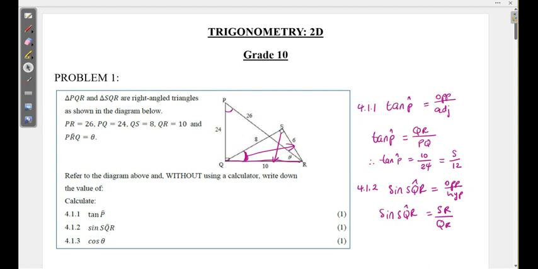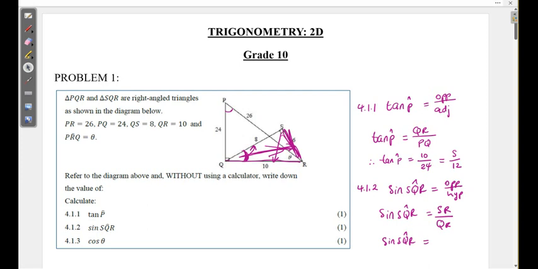All right, and then that will mean that the adjacent is QS, in terms of SQR. Yes, so it means that sine SQR will be SR, which was the opposite to the angle, okay? SR, which is opposite to the angle.